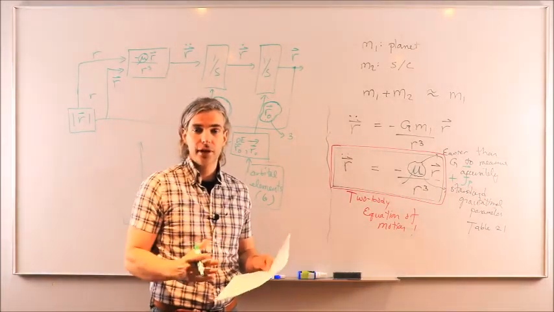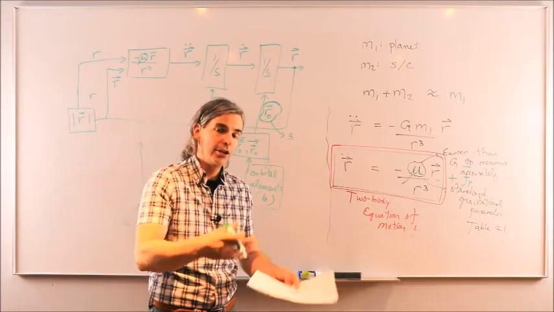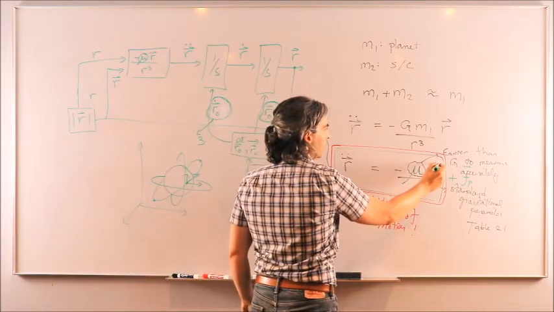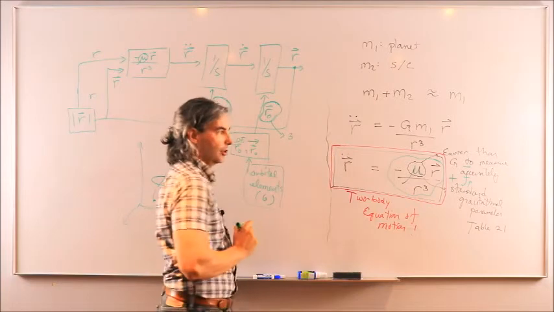The Earth isn't a perfect sphere, the Earth is kind of an oblate shape, and that creates deviations or perturbations from the perfectly spherical model, which is inherently assumed when we use the two-body equation of motion.